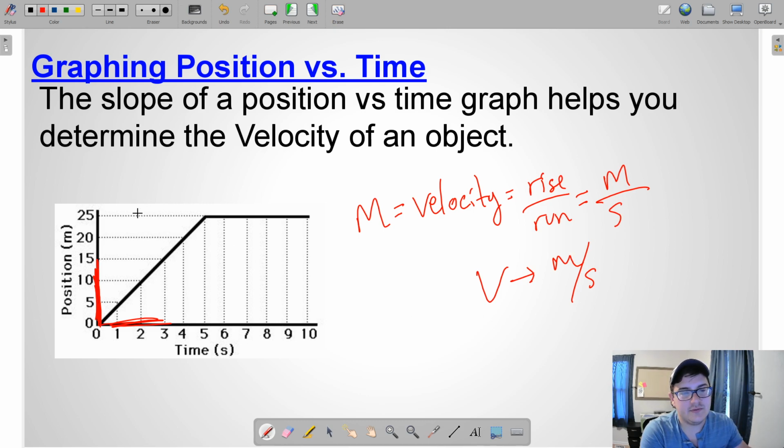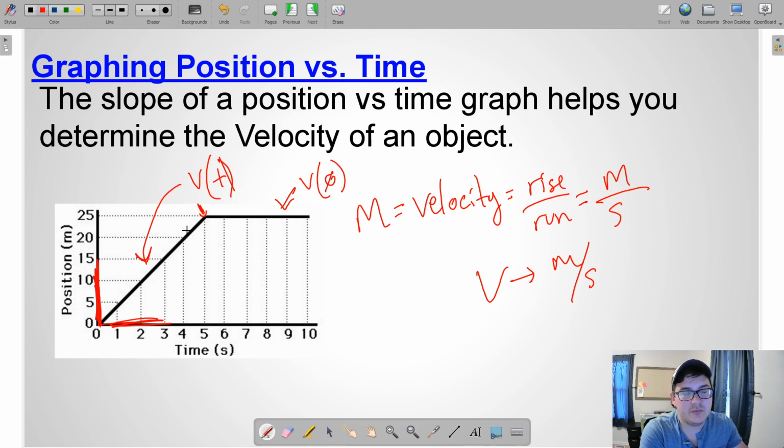And so we can see right here that the velocity is going to be positive, and it's a straight line the entire time. If it was a curve, we know that the velocity is changing. And so right here, we see the velocity go from a positive number to 0. What is happening there?